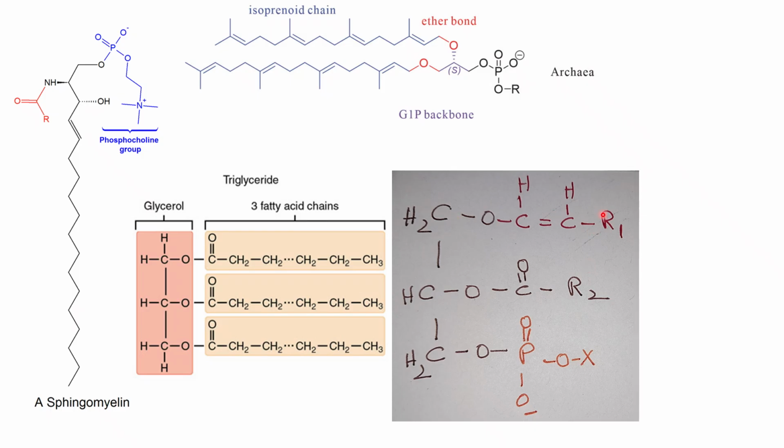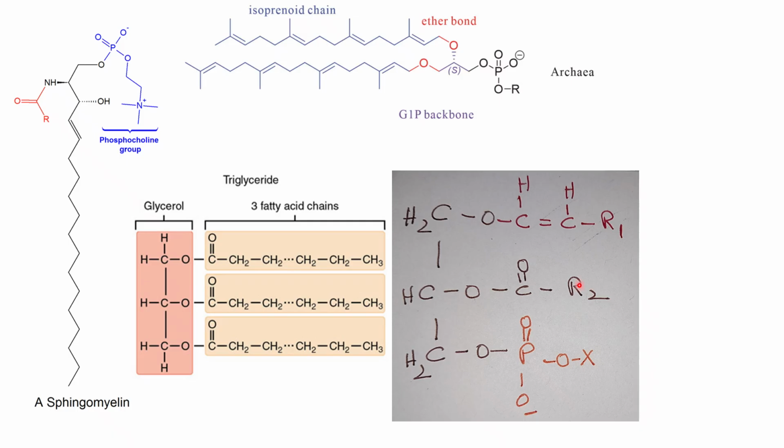The first carbon is called SN1, the second carbon SN2 and the third carbon SN3. Now in the first carbon there is the vinyl ether bonding. It is an ether linkage. Whereas at the SN2 position you have a PUFA attached via ester bond.